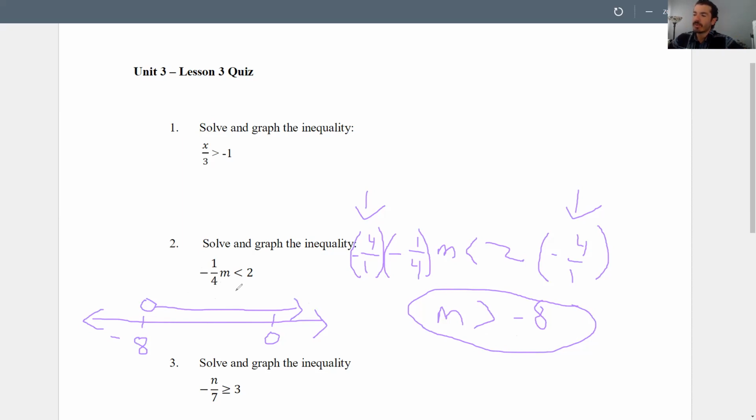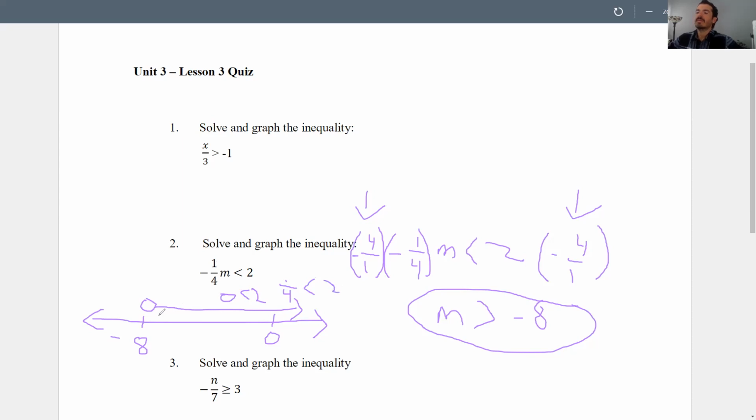So which number is true here? Well, the 0 is true. So we can try that, okay? -1/4 times 0 is 0. Is that less than 2? It is. I could try another one, like if I say -1, -1 times -1/4 is +1/4. Is that less than 2? Yep. So we're good.